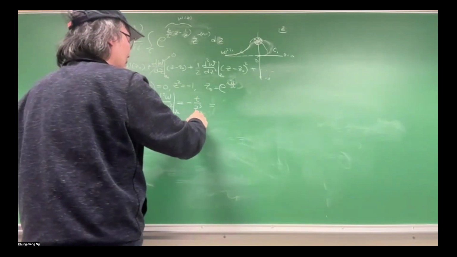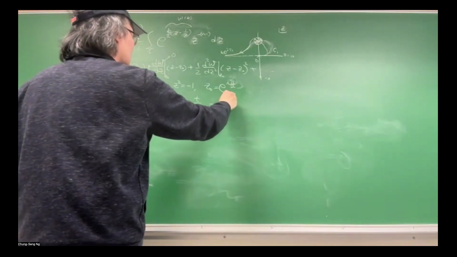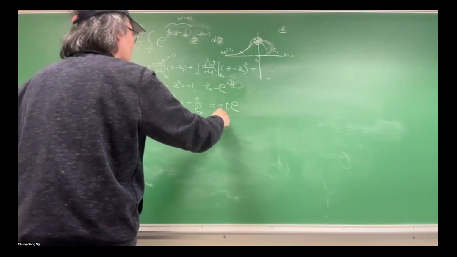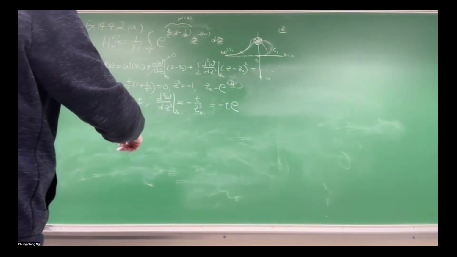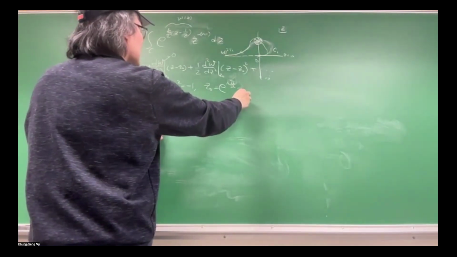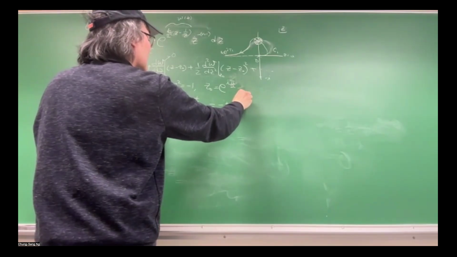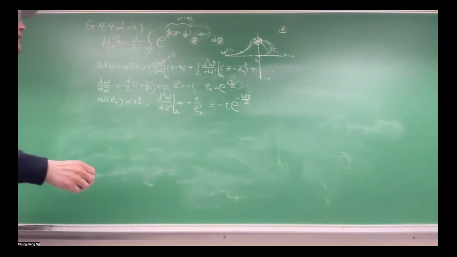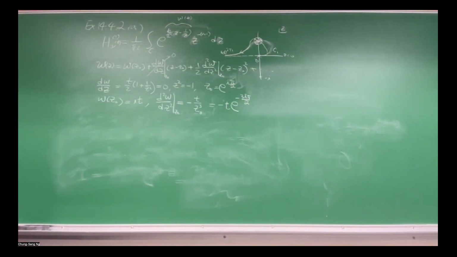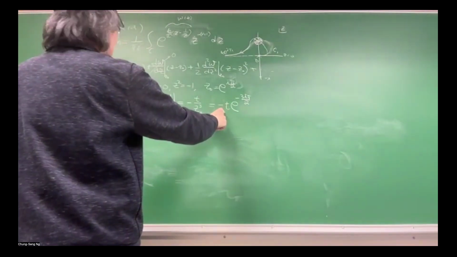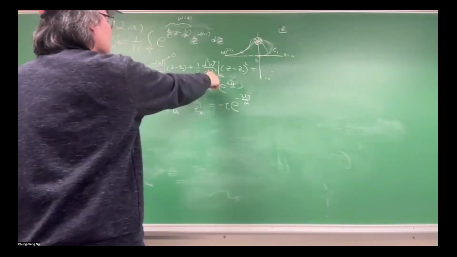So minus t e to the minus 3i pi over 2, which gives you something like minus 3i over t. All right, so this is going to here.